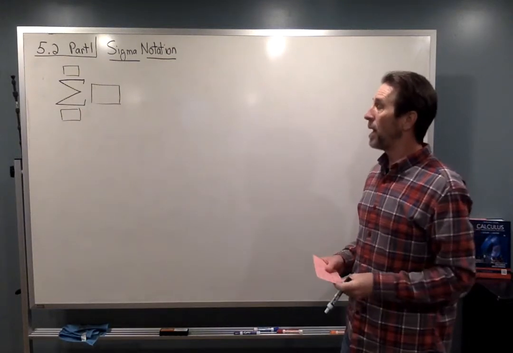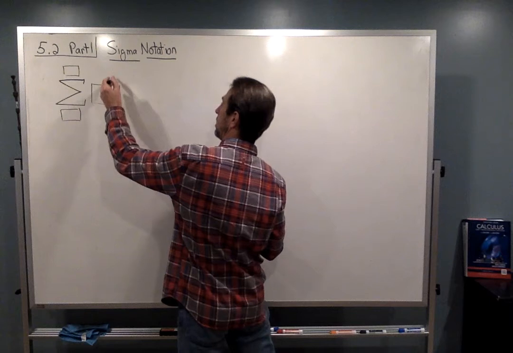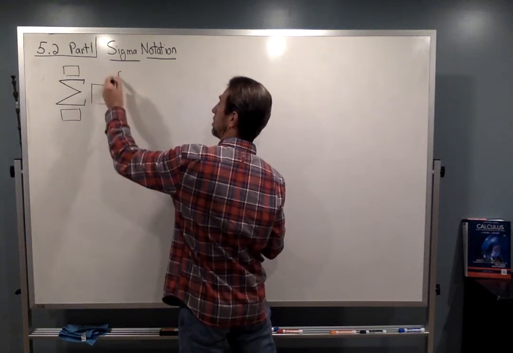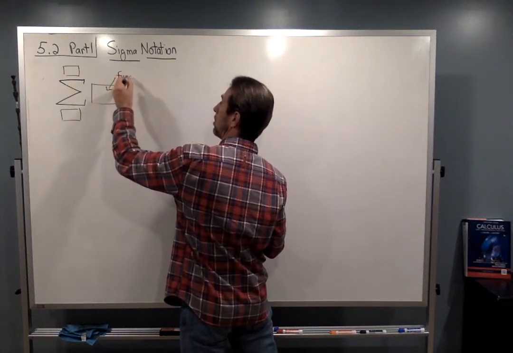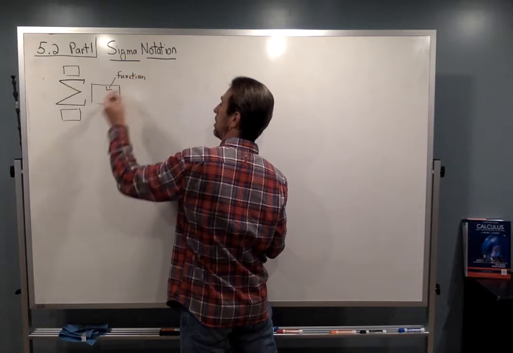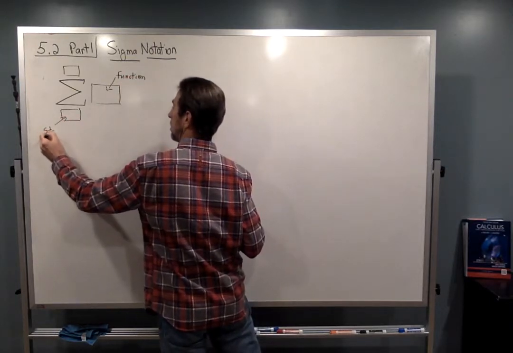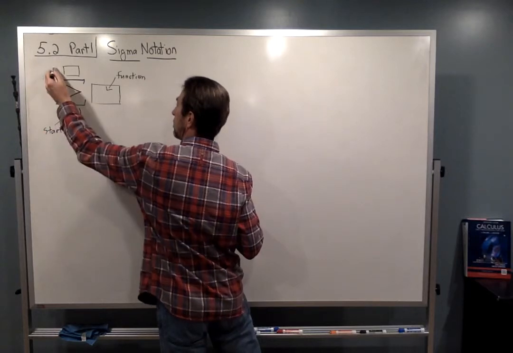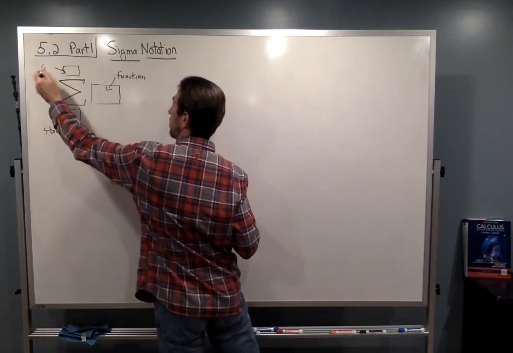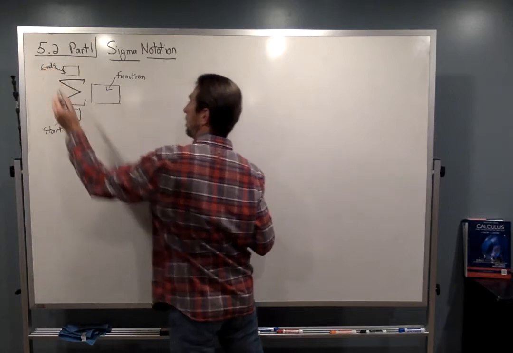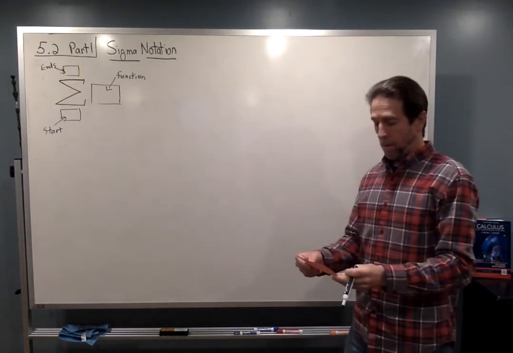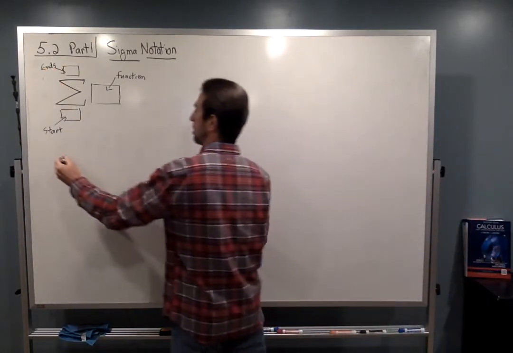An example might be that this is going to be a function, or the rule. This is kind of where things start, and this is kind of where it ends. One may look something like this.